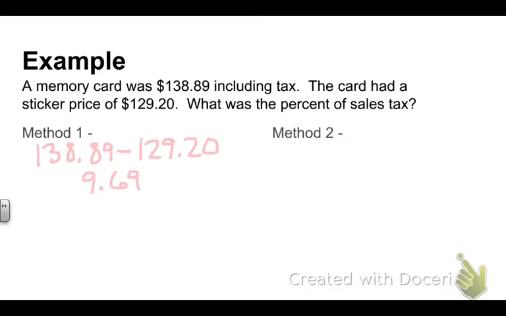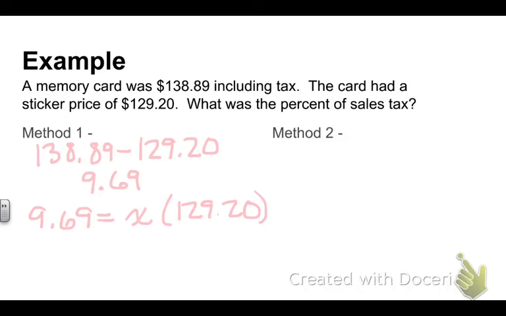So if you go back to your percent equation, the sales tax was $9.69. What was the percent? That's your unknown. And what was the whole cost of the memory card? That was $129.20. So now look at it.